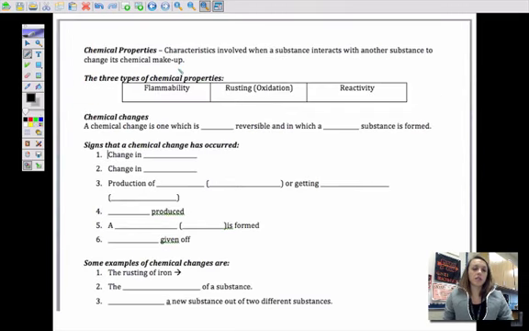So chemical properties, on the other hand, there's far fewer of them, but they make up most of our study here. So a chemical property is a characteristic involved when a substance interacts with another substance to change its chemical makeup. So the three main types of chemical properties we're going to look at are flammability, which is the ability to set on fire, which I know a lot of you will be really excited about.